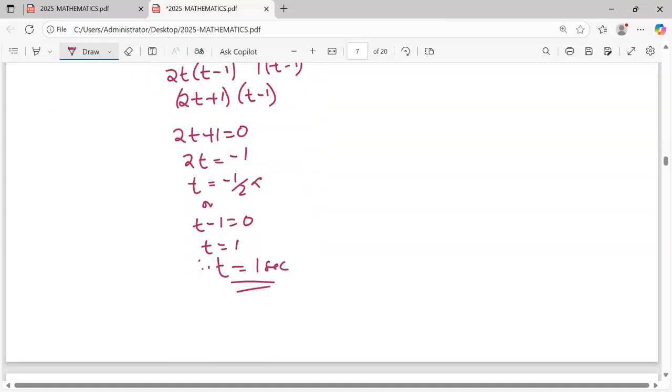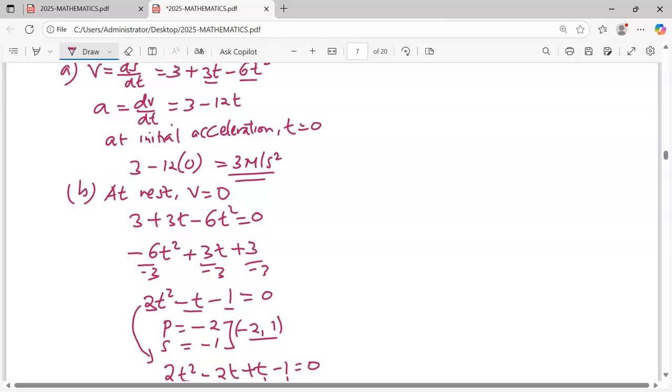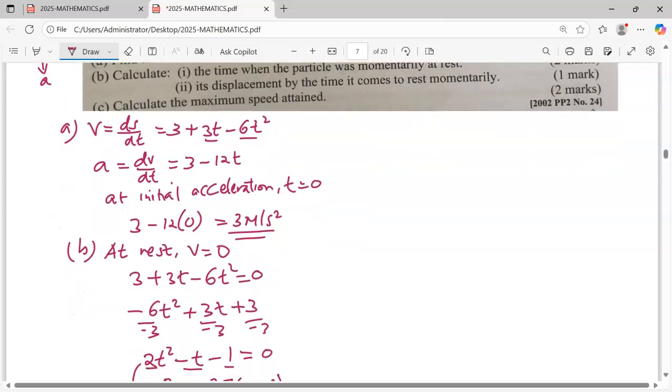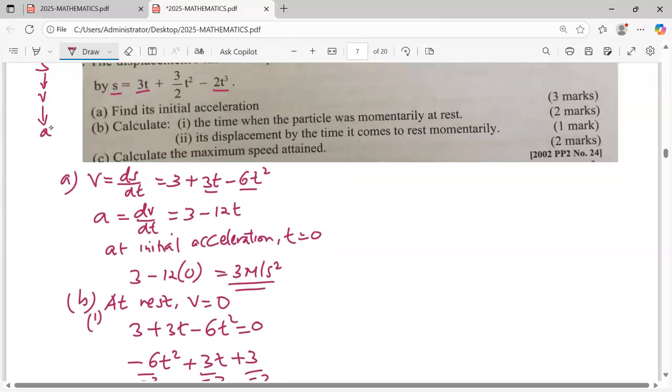Once we have done that, we can now go to Roman 2 of part B. Remember what we have done is Roman 1. Then B Roman 2, we are supposed to find the displacement by the time it comes to rest momentarily.